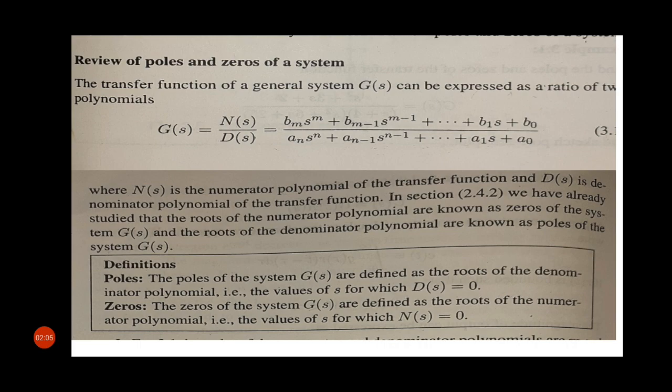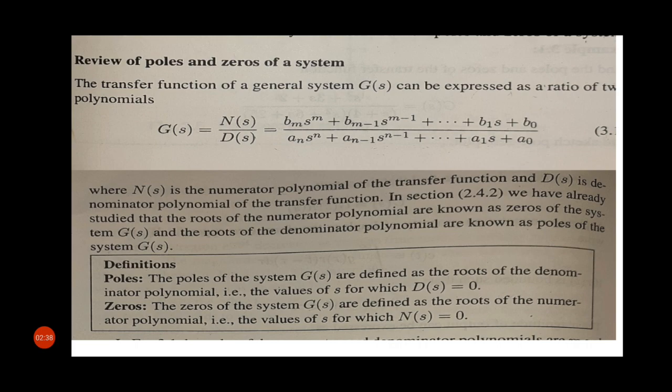Now, in this equation, G(s) = N(s)/D(s), which is equivalent to (b_m s^m + b_(m-1) s^(m-1) + ...) divided by (a_n s^n + a_(n-1) s^(n-1) + ...), the orders of the numerator and the denominator polynomial are m and n respectively.